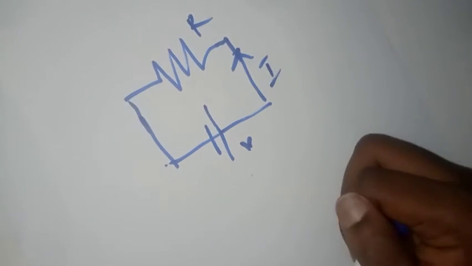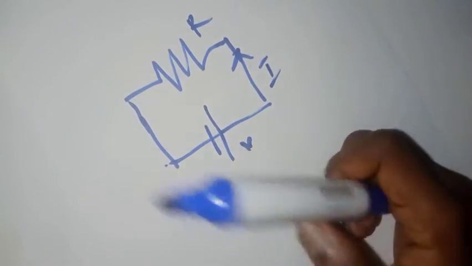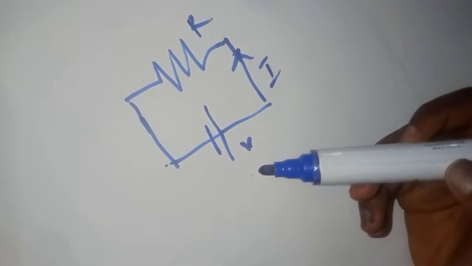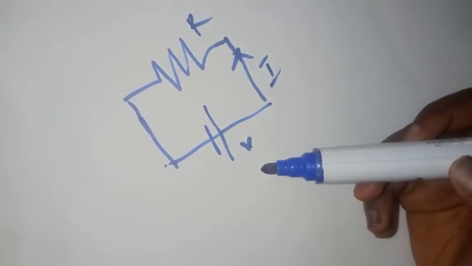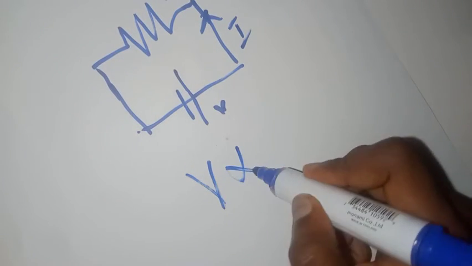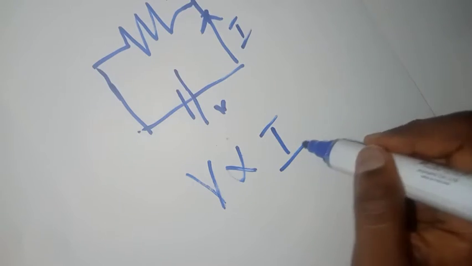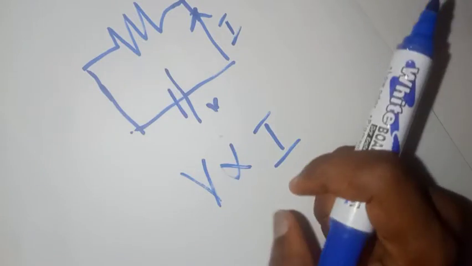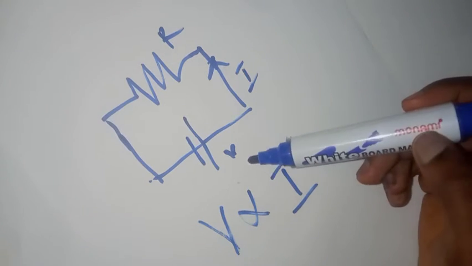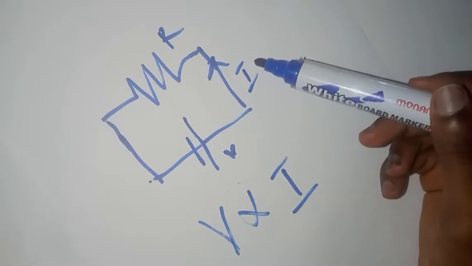Ohm's law states that the current flowing through a metallic conductor is directly proportional to the potential difference across its ends. It can be mathematically expressed as V is directly proportional to I. If we keep the resistance in the circuit constant but vary the voltage, the current will also vary.